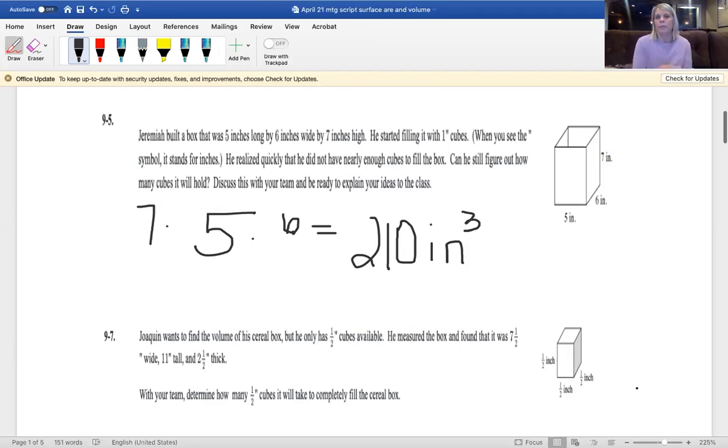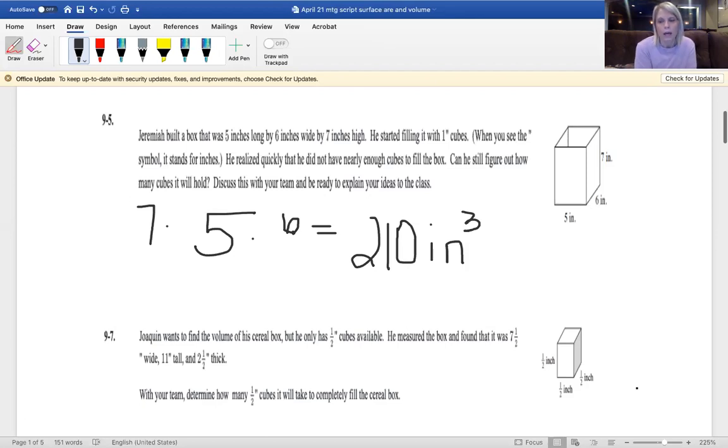Good, and I see people typing. Yes, that little cube is only worth 0.125 inches cubed, because it's smaller than a 1 inch cube. So it has a smaller volume. And that's important, so that affects how we do this problem.